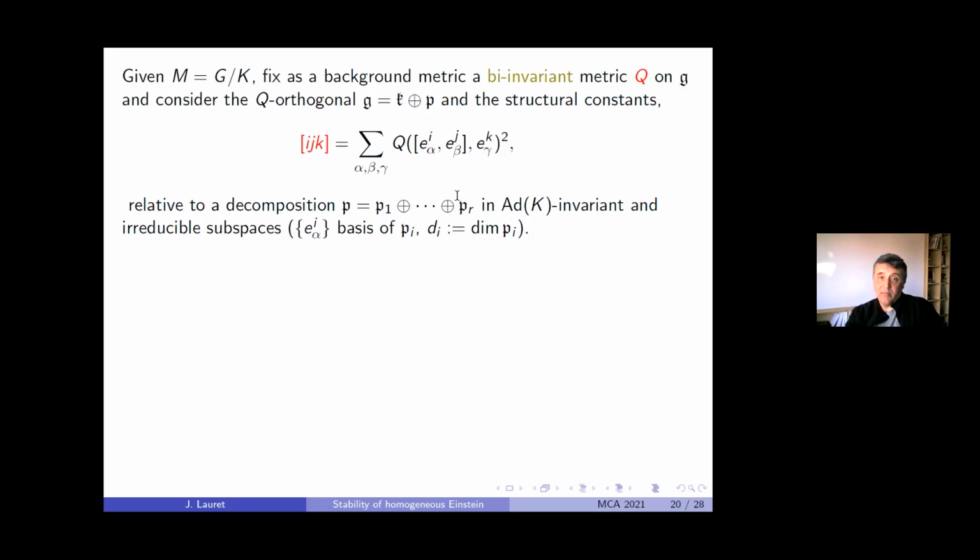have been used for decades, since Wang and Ziller introduced them to study Einstein metrics.